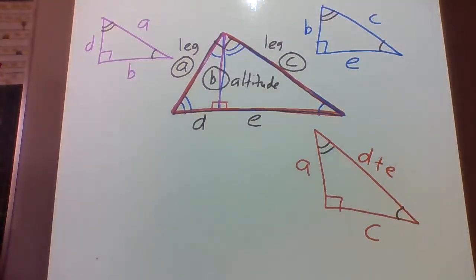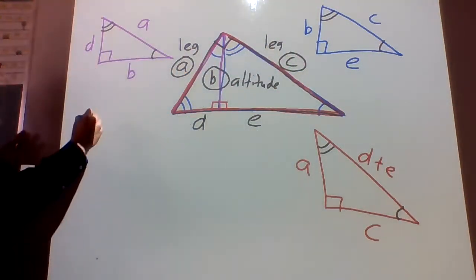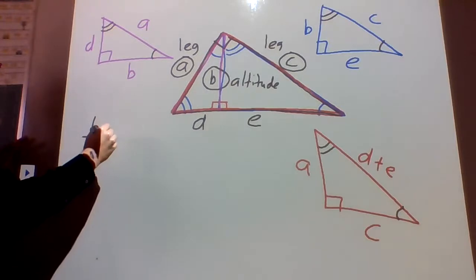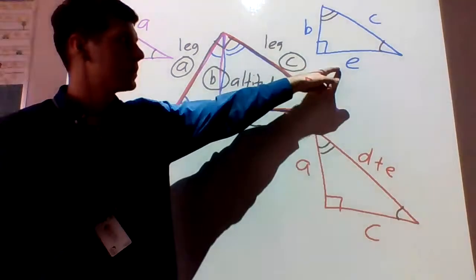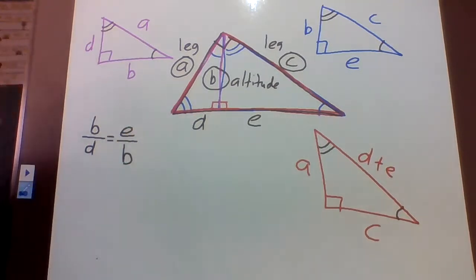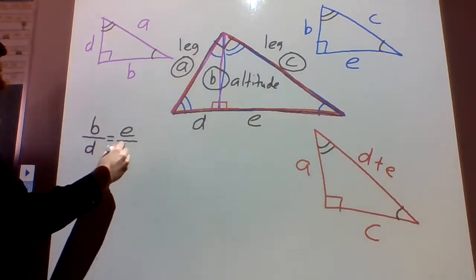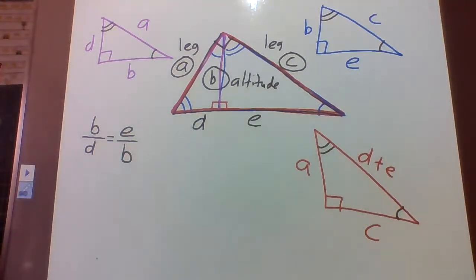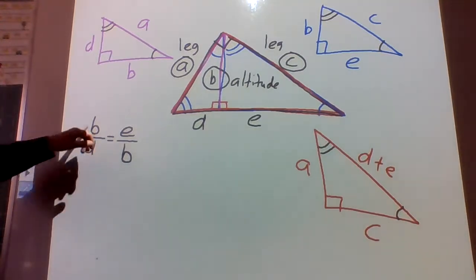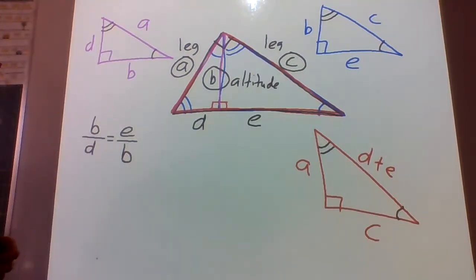Since they're similar triangles, we can set up a proportion. Okay, so B is going to correspond with D. And then E is going to correspond with B. It's not super relevant right now to you if you haven't seen any problems. But by being able to put B in two spots here, we have fewer variables, right?